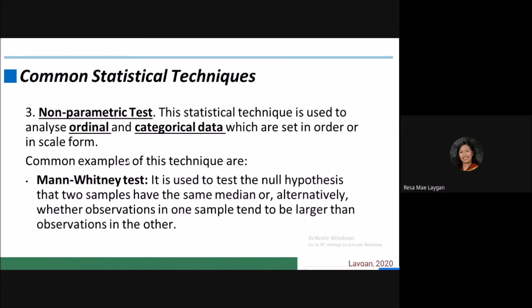So that is for the Mann-Whitney test. Actually, this is more on two samples, or this is actually the version of the t-test, but it focuses on ordinal or categorical data.